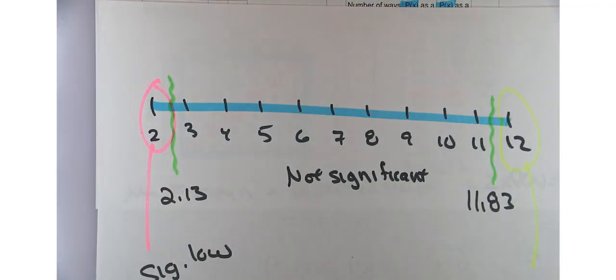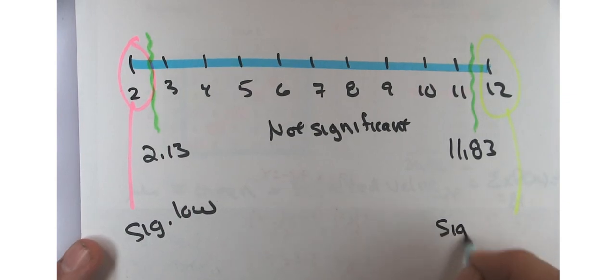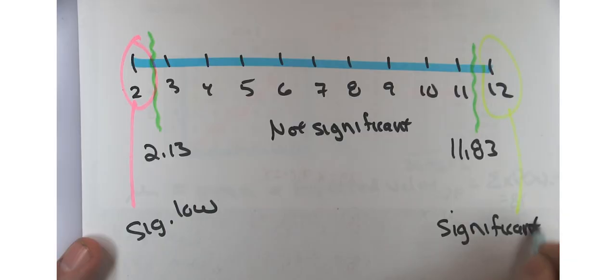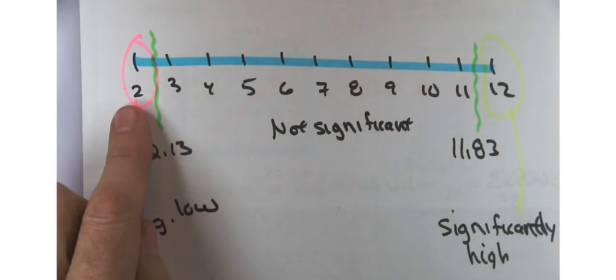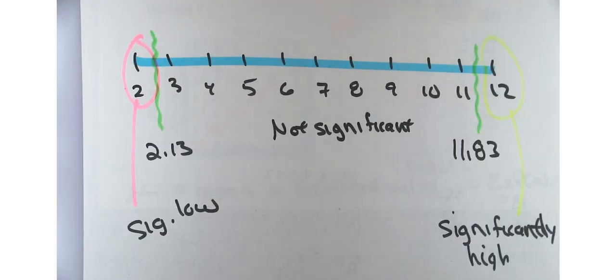So again, the standard deviation is helping us decide what's unusual. If you're more than 2 standard deviations away from the mean, that's unusual. You've got a 1 in 36 chance of getting a 2. You've got a 1 in 36 chance of getting a 12. So those are pretty unusual observations. The rest of these, yeah, they're not that significant.